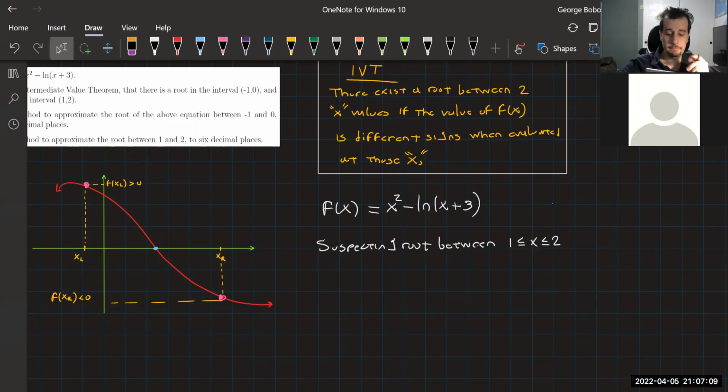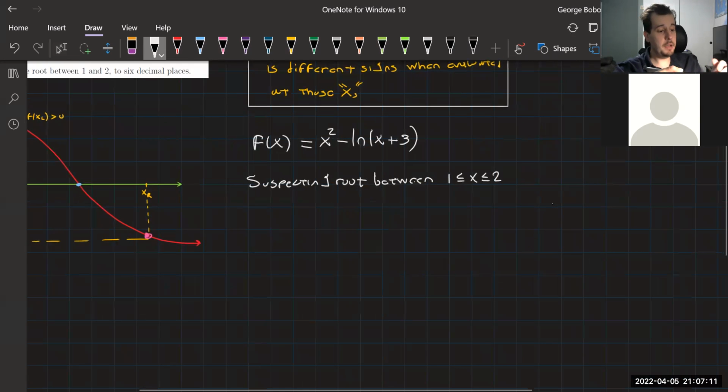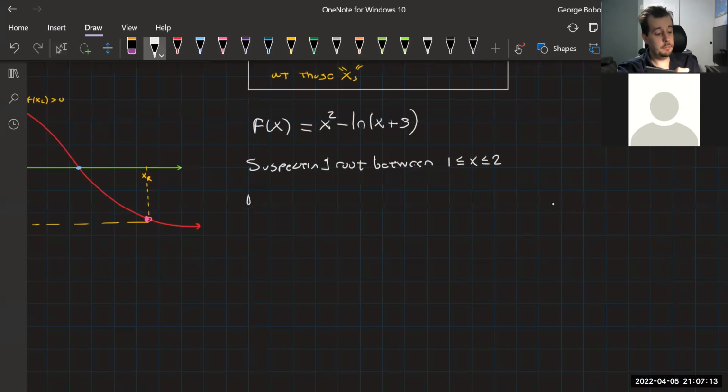Okay, I'm going to evaluate the function at 1 and then at 2. Let's see what happens. You got 1 squared minus ln of 1 plus 3. On the bottom, you got 2 squared minus ln of 2 plus 3.